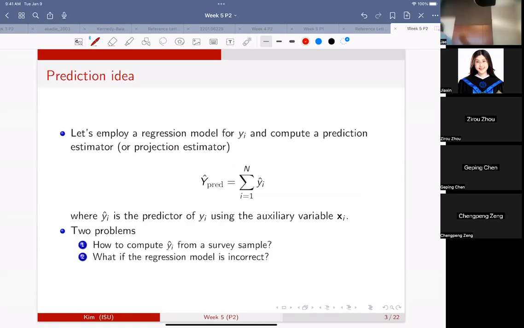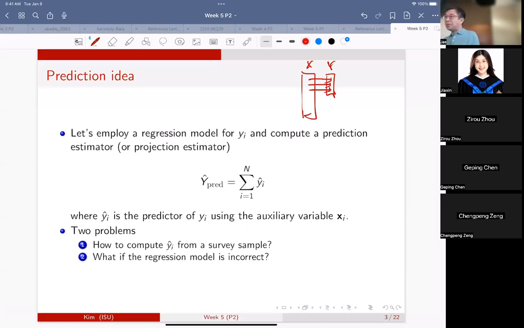So the basic idea is something like this. You can think of it this way: you have X observed throughout the population, and Y information only in the sample. What should we do? Well, one idea is to use the sample as training data for your model prediction.